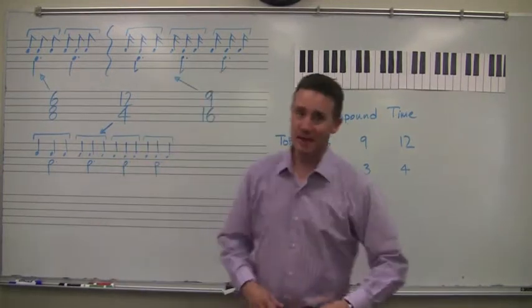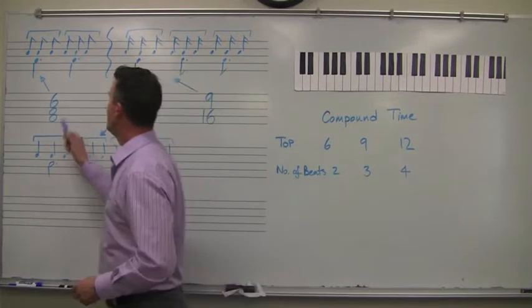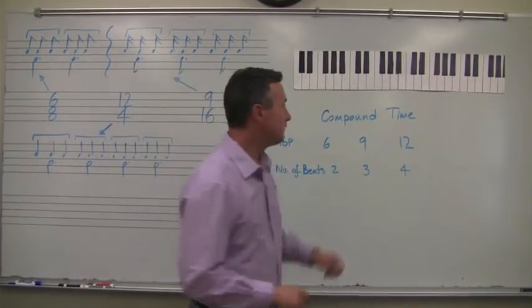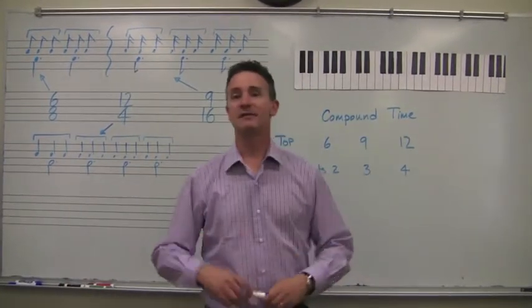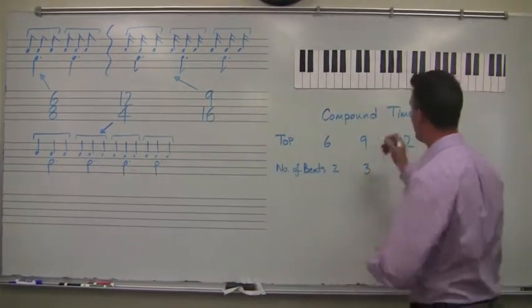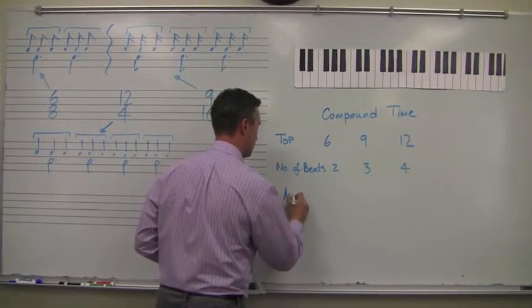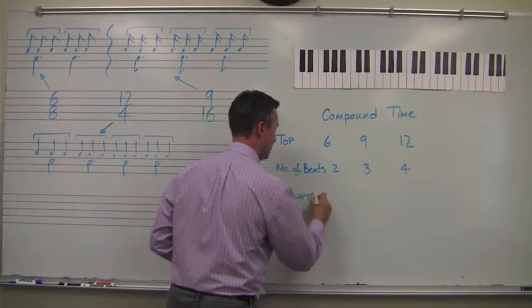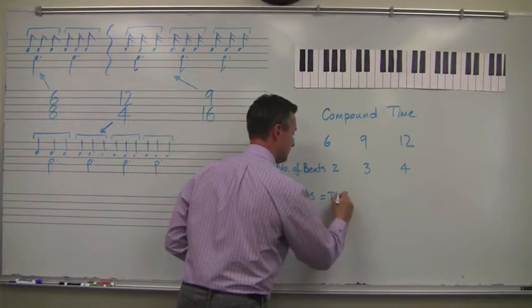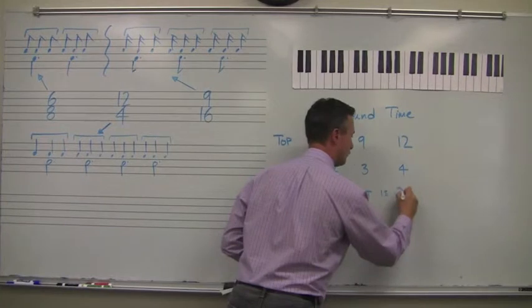Let's look at some examples, and hopefully now it will start to make sense. Remember that another element with compound time is that the beat is represented by a dotted value. So another element in compound time is always that the beat is dotted.